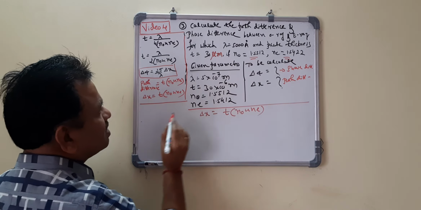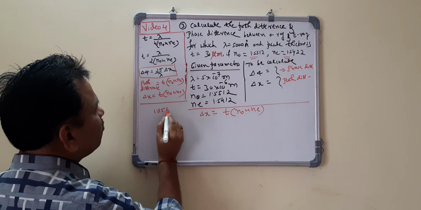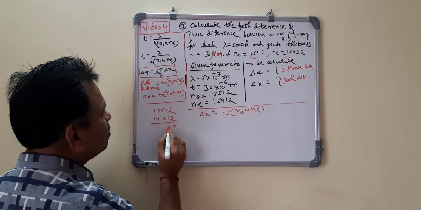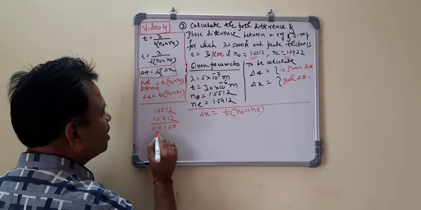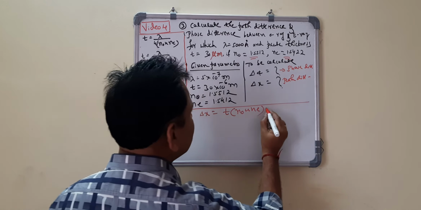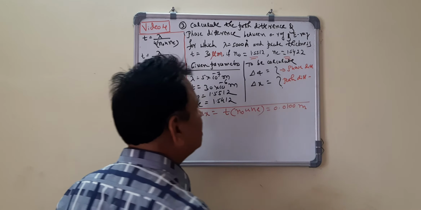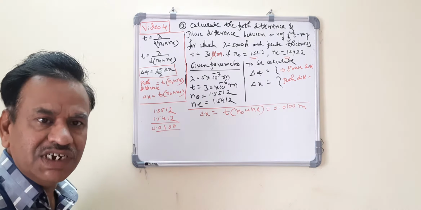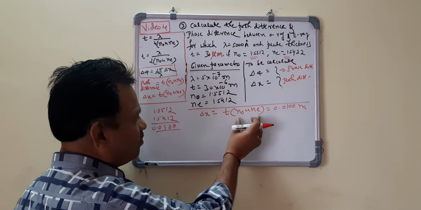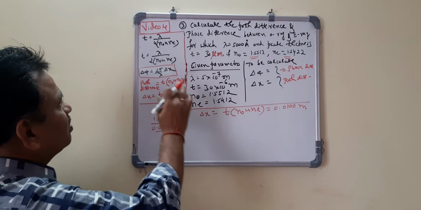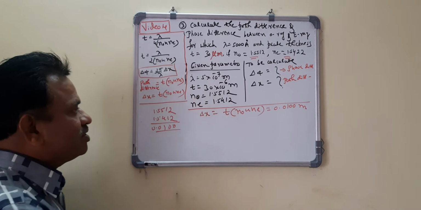It is 1.5512 minus 1.5412, which turns out to be 0.0100. It is in meter only. Thickness is in meter. Of course, refractive index has no unit. You know the path difference.